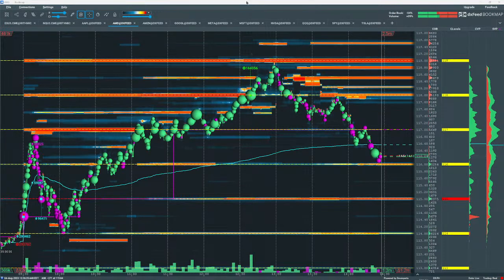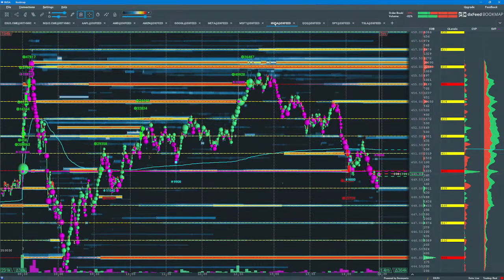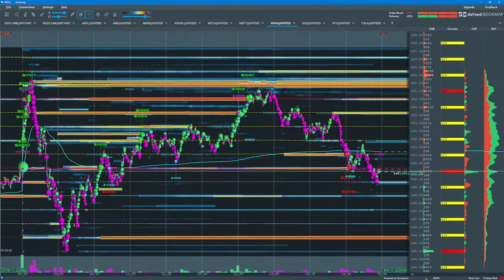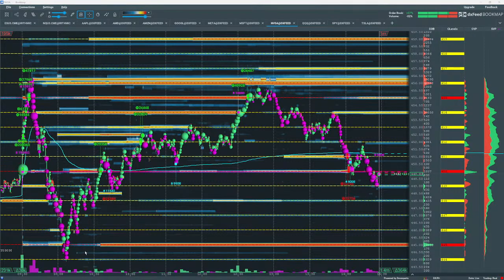All right, so the next is Nvidia. So we're looking for that reversal as traders start buying calls. There it is around 10 a.m. at the 444 level.